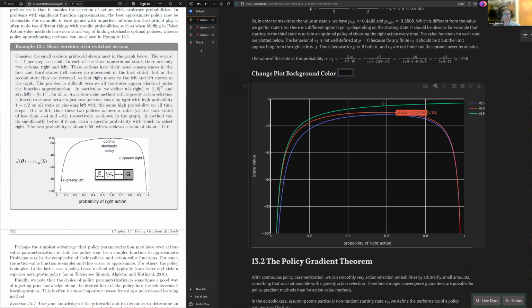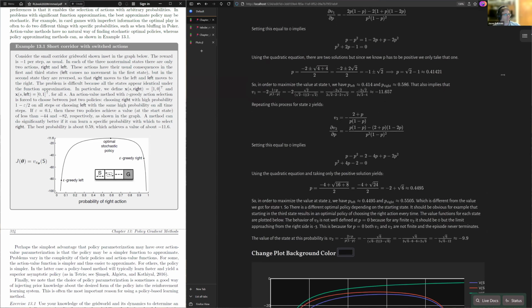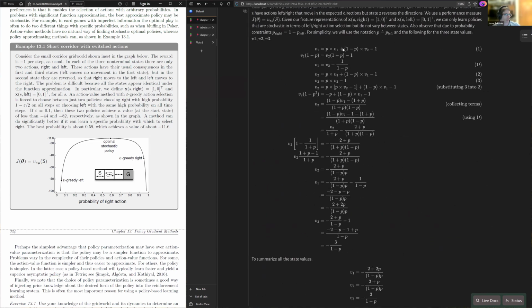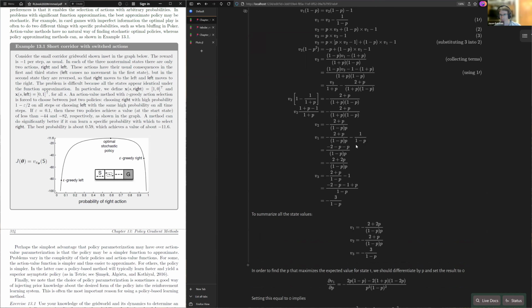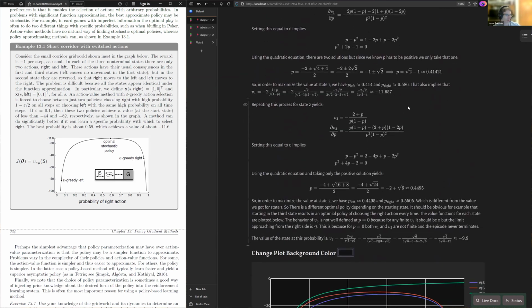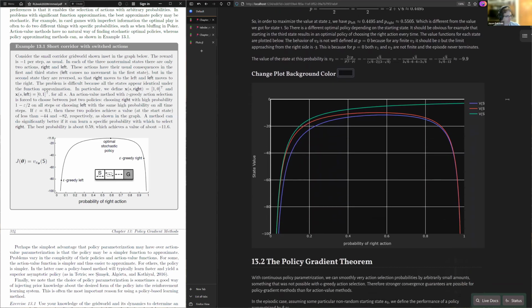Yeah, but the actual process of doing this derivation is just writing down the Bellman equations for the value function and then solving it. It happens to just result in a quadratic equation that you can solve for the optimal value.